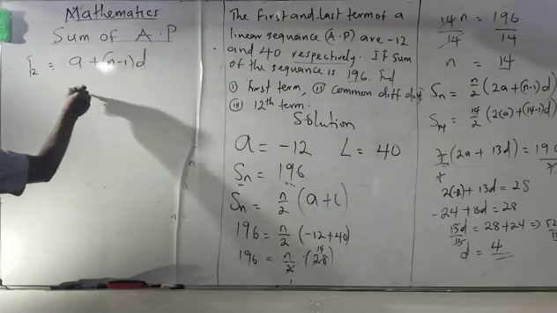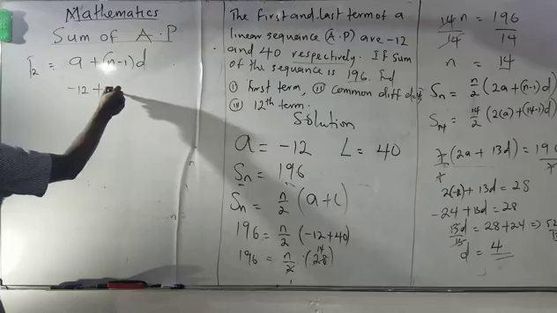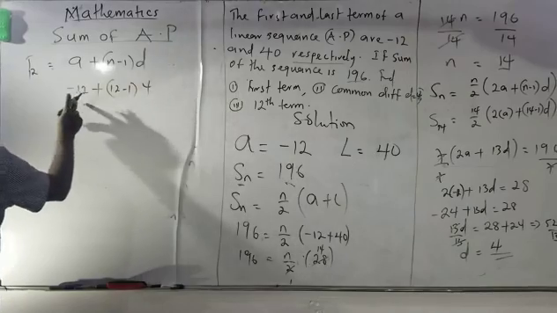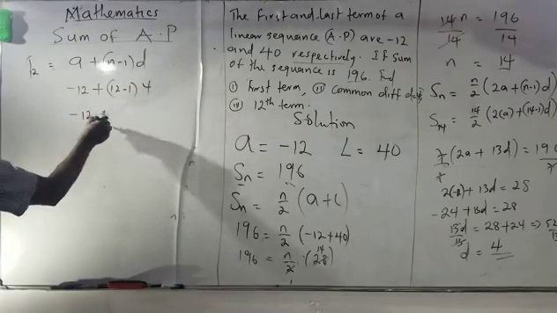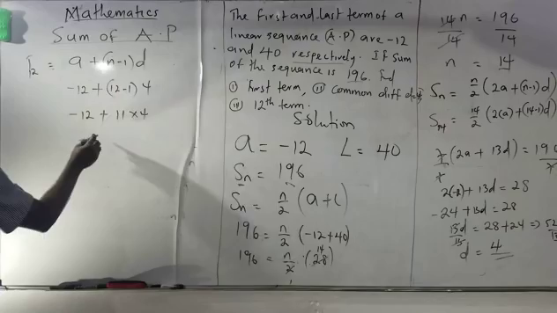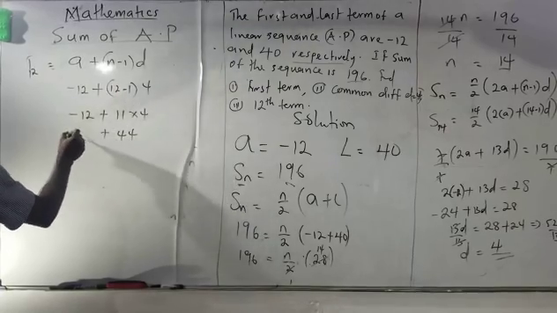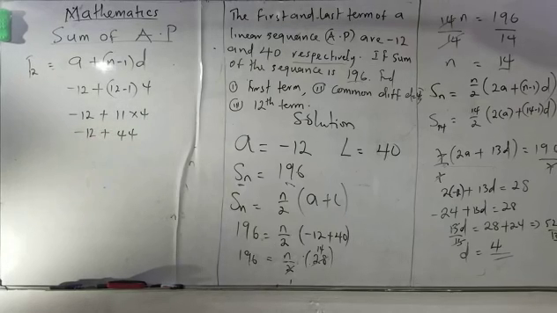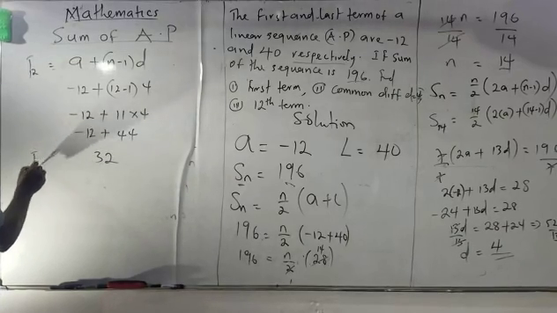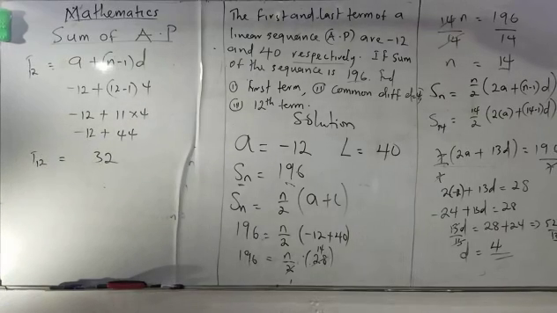Now, it means minus 12 plus 12 minus 1 bracket of d, and my d is 4. Which is going to be minus 12 plus 11 multiplied by 4, which is 44. 44 plus minus 12 will give us 32. Now, it means my T12 equals 32.